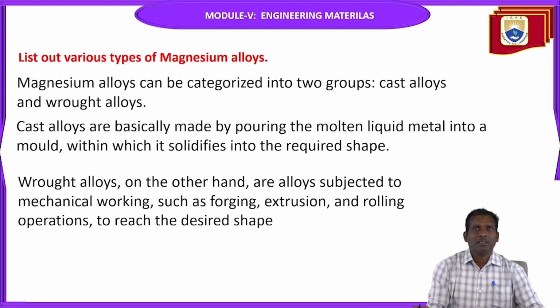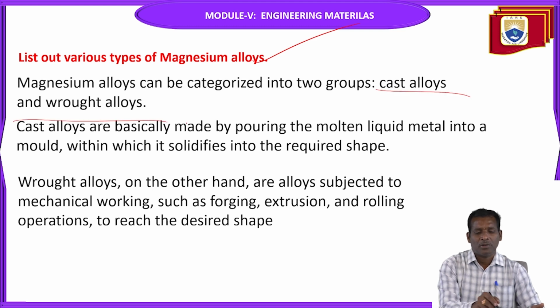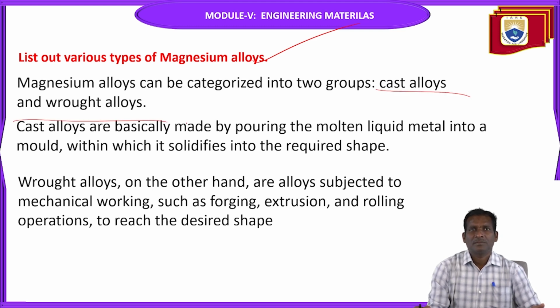So, list out various types of magnesium alloys. The magnesium alloys can be categorized into two groups: cast alloys and wrought alloys. The cast alloys are basically made by pouring molten liquid metal into a mold within which it solidifies into the required shape.